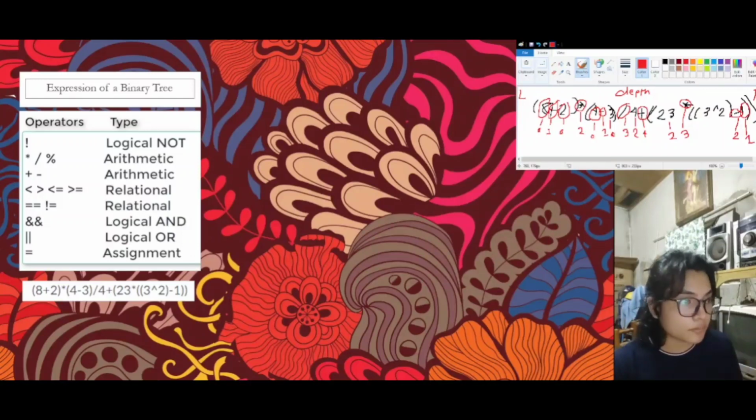Now that we're done with that, since this has a high precedence because it is enclosed in a parenthesis, we're going to have 2 minus 1, so it has a depth of 1, and the two expressions left are going to have a depth level of 0.